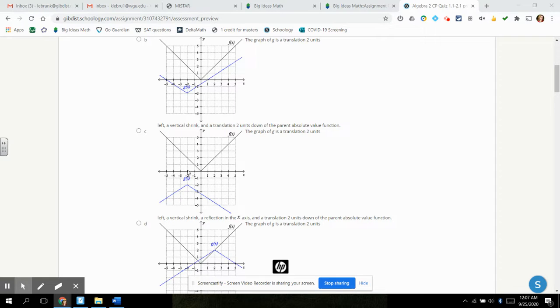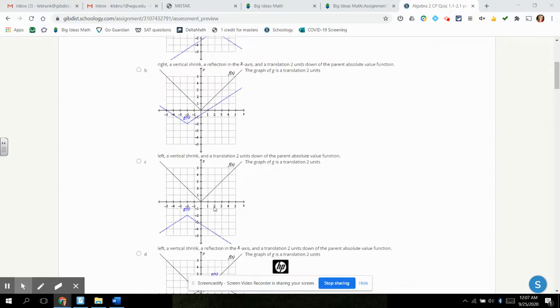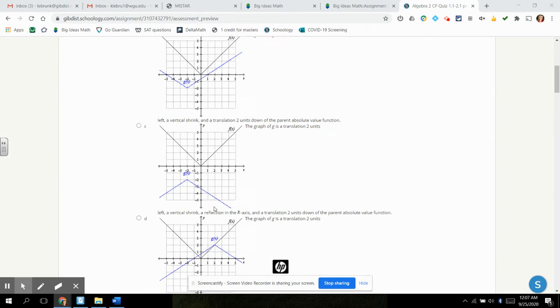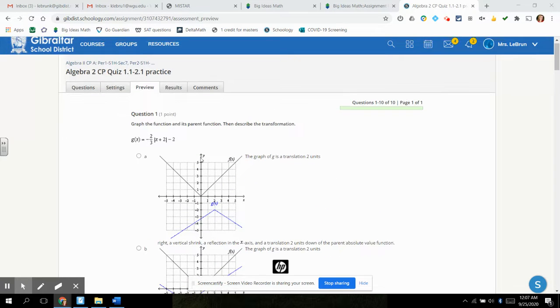It's going down too, but we're only looking at left. And D is going right and up, not left. So by process of elimination and not really doing the whole problem yet, I've already eliminated everything but C. So C is the answer. And if you look up here, it did move down, right? This -2 at the end is the up or down value, and it's a negative, so it's going down.